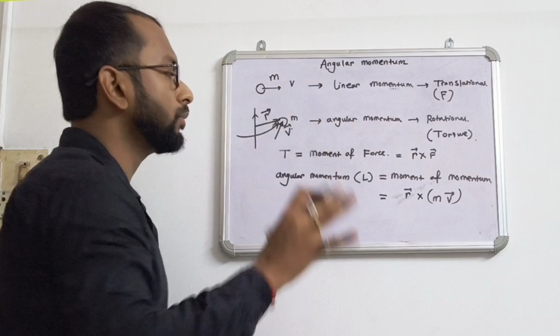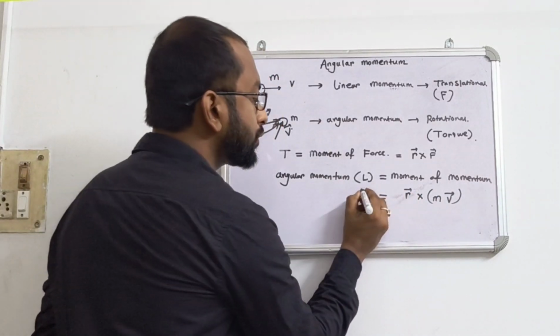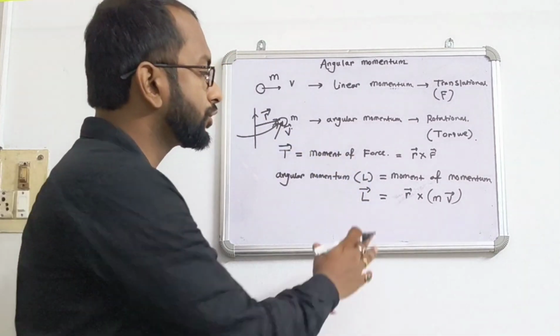That is called angular momentum. See, it is a cross product, so angular momentum is also a vector quantity, just like the torque.